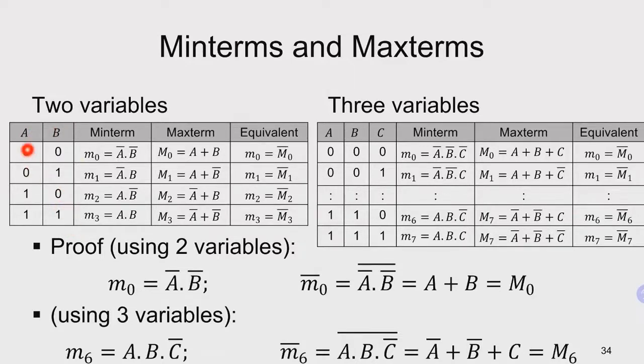If I list down all our possibilities of A, B, so 0, 0, that implies A bar and with B bar, and the minterm will be A bar and with B bar for 0, 0. And we call it m naught, or with a small m.